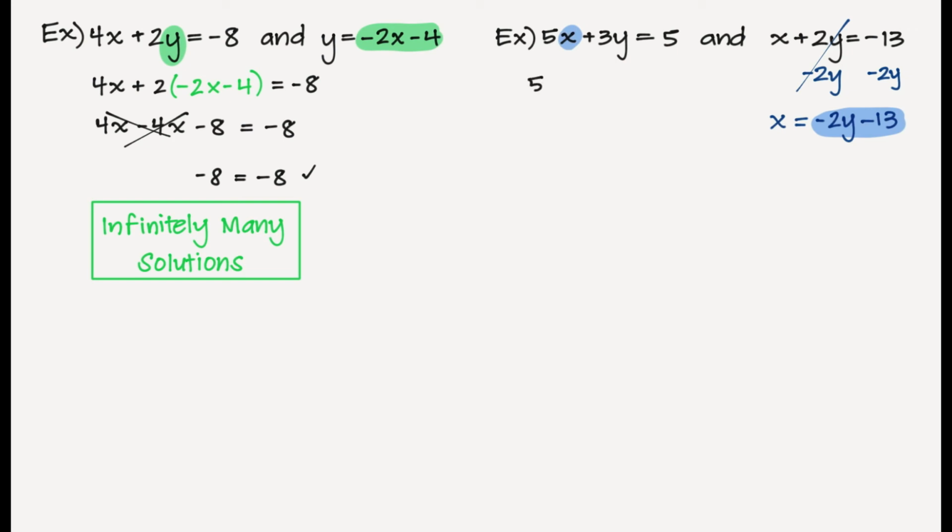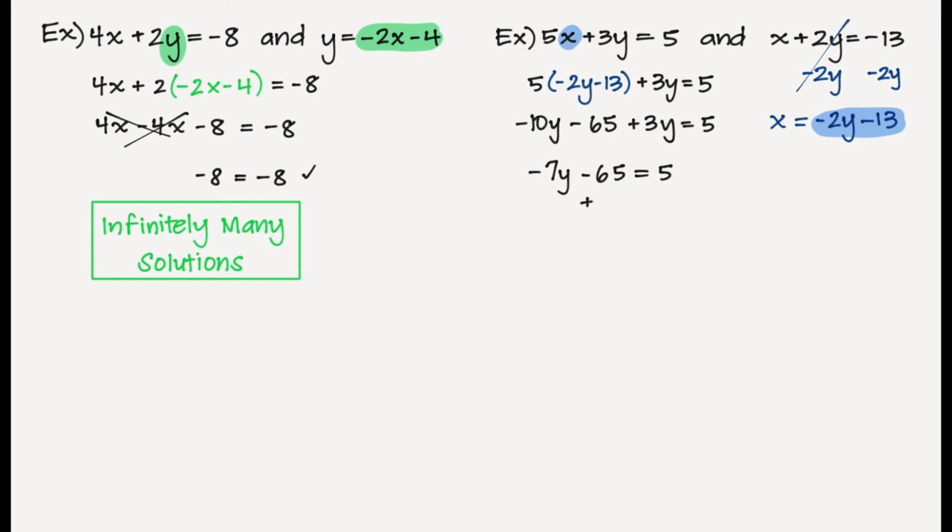So that's 5 times (negative 2y minus 13) plus 3y is equal to 5. I can use the distributive property. I am left with negative 10y minus 65 plus 3y is equal to 5. When I combine my y's, I have negative 7y minus 65 equals 5.